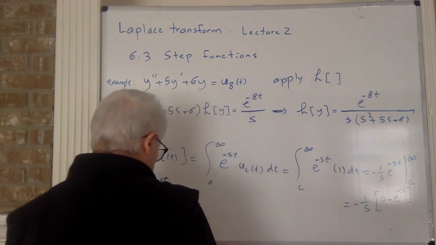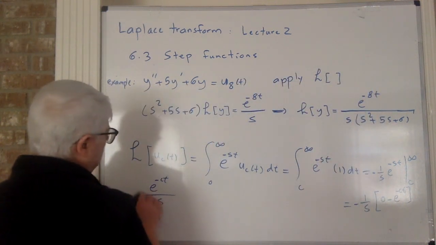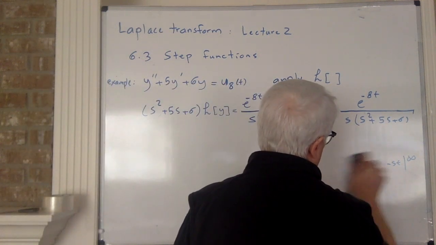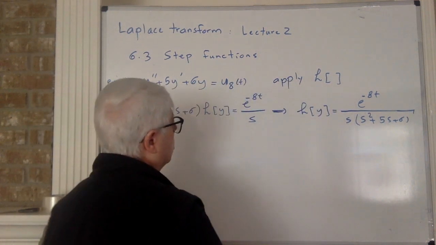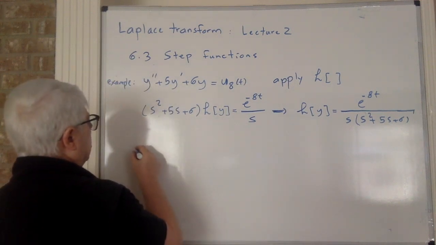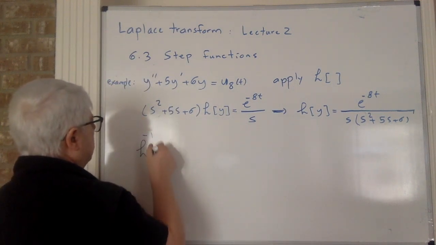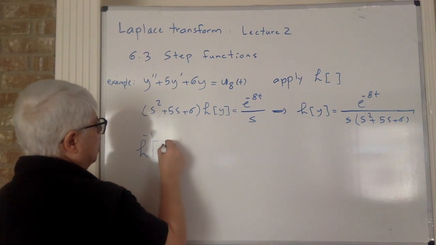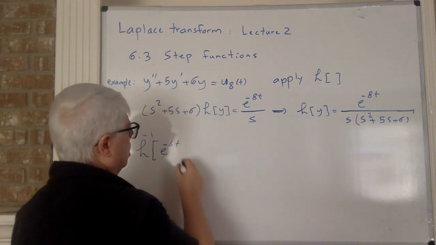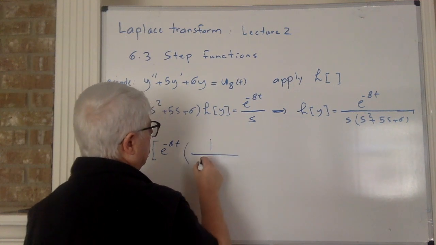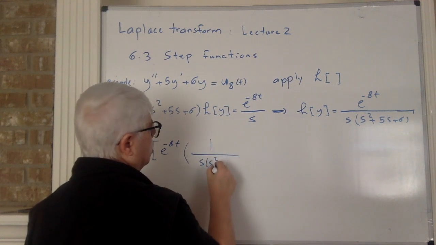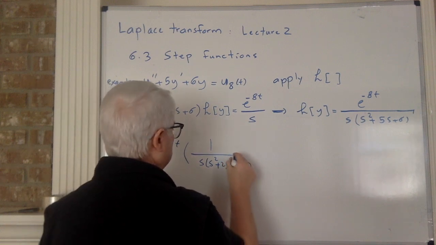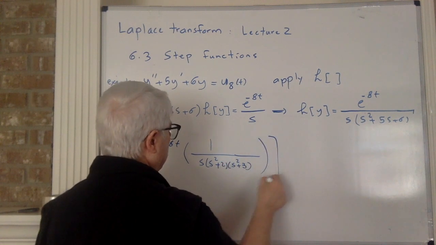So I have to find Laplace inverse of this. L inverse of this guy here. Let's write e to the power minus 8t here times 1 over s times s squared plus 2s plus 3. Okay.